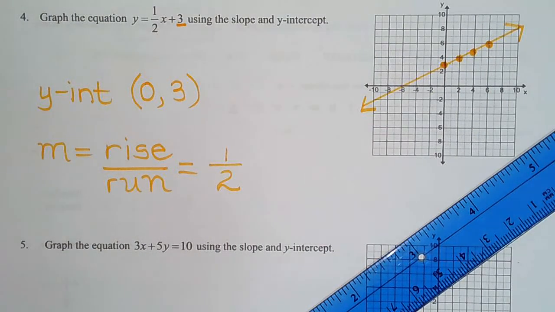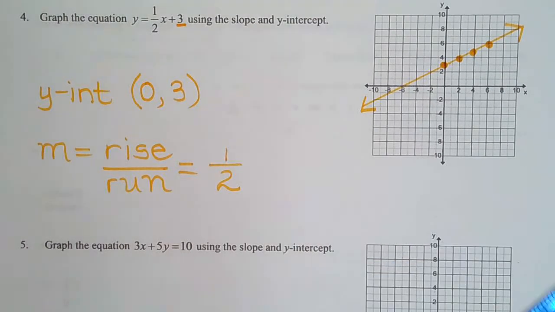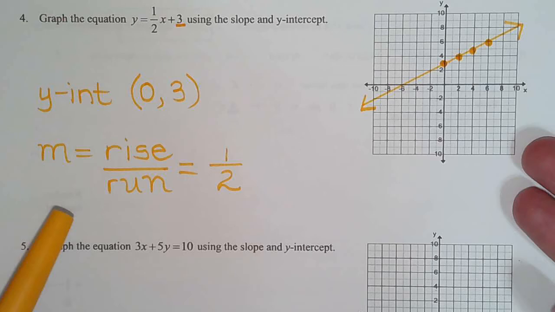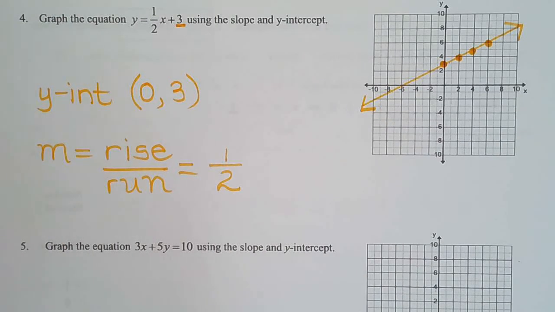Unless sometimes you have a word problem where that might not be the case. But these are not word problems. They're just simply graphing a line. So that is what I would want to see on a paper pencil test for full credit. And when I collect the work for your electronic tests, this is what I would like to see on them as well.